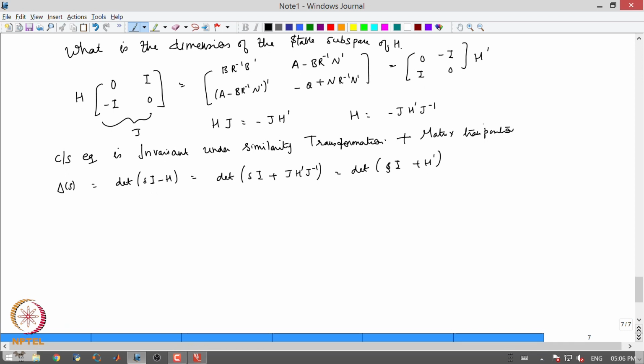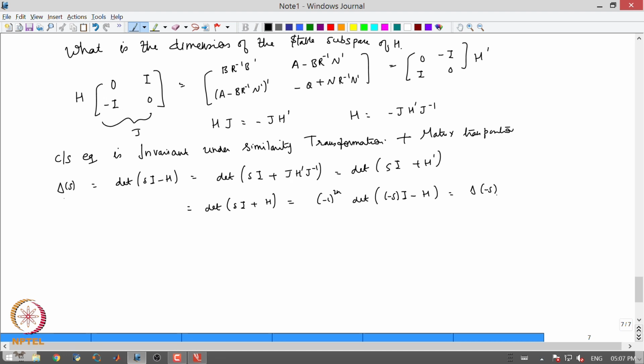A and A transpose will have the same characteristic equation. Now, this is equal to the determinant of sI plus H. This is also equal to minus 1 to the power 2n times the determinant of minus s times I minus H, if I replace s with minus s. This is equal to delta of minus s.